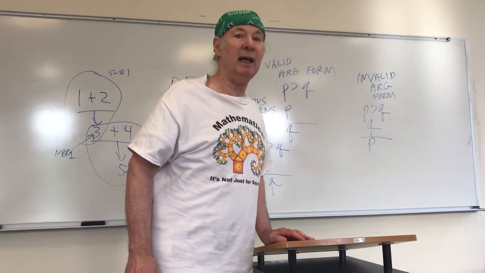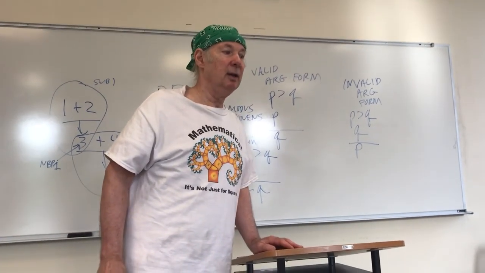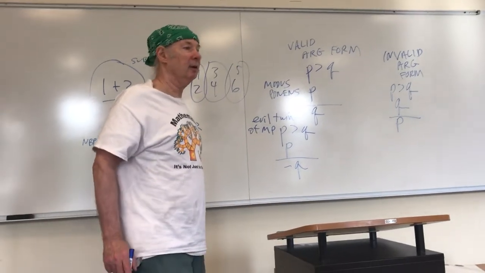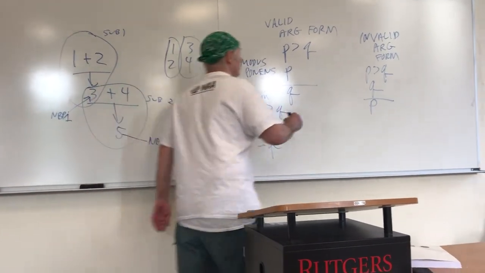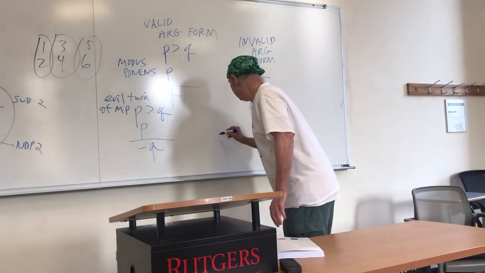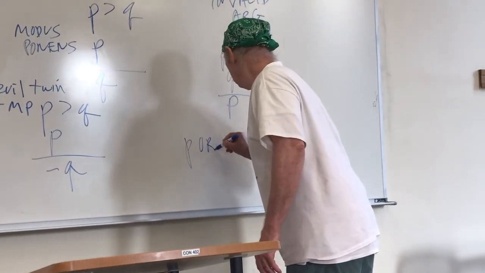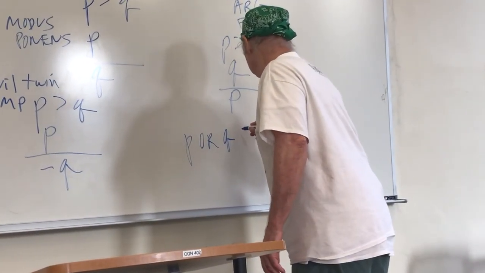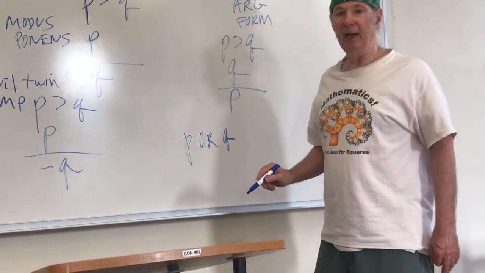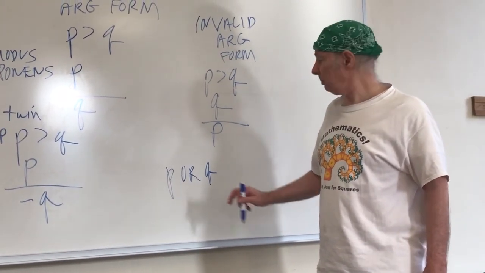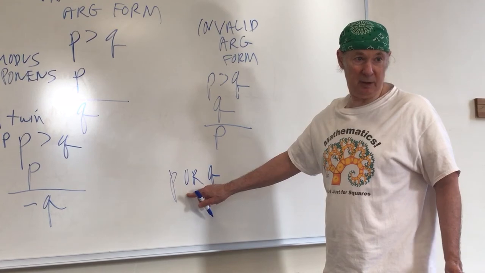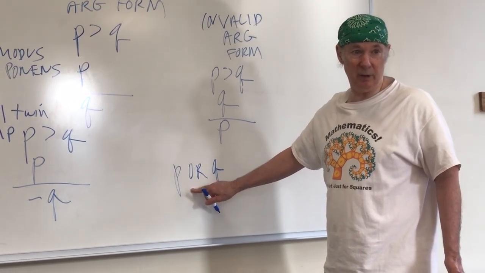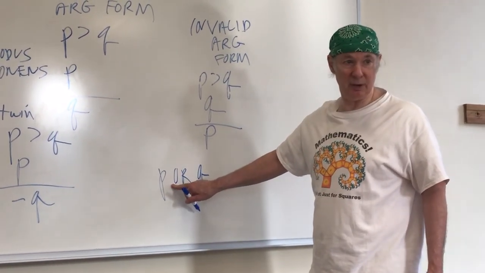When you negate the conclusion, be careful. If the conclusion of your argument is P or Q, suppose that you have an argument form that's valid, and that's the conclusion.